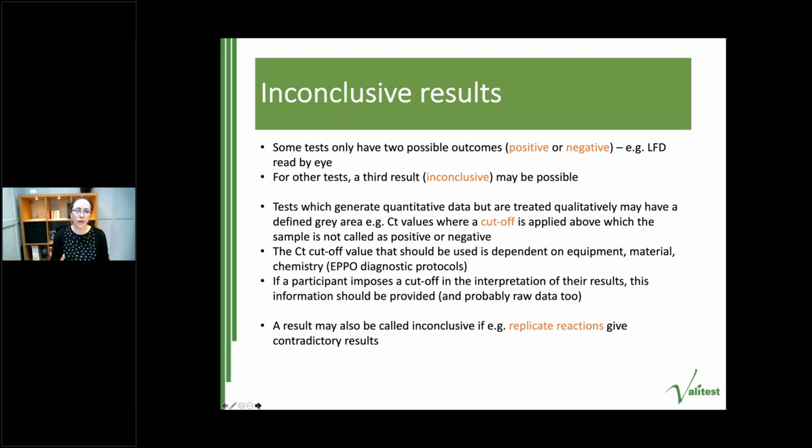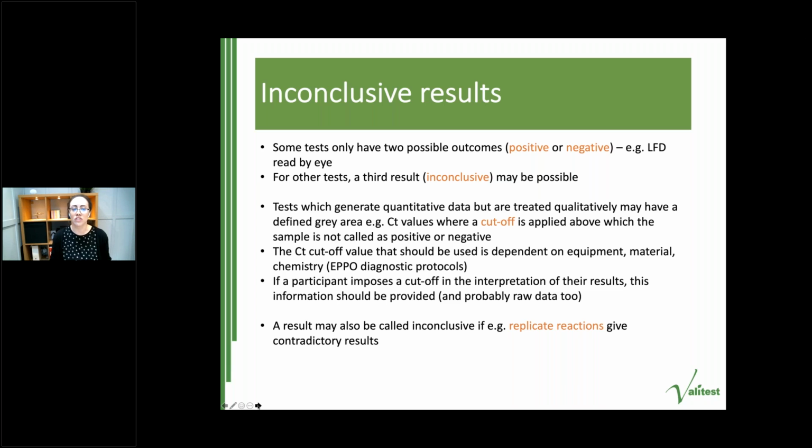First of all, let's start by thinking about inconclusive results. So some tests, perhaps a minority, but some tests that might be included in a test performance study have only two possible outcomes, positive or negative. So for example, if you think of a lateral flow device that's being read by eye rather than a reader, either you can see a line or you can't.